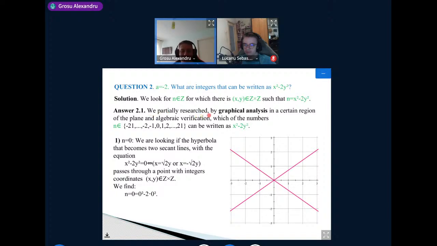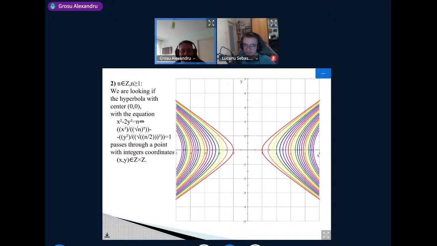We partially research by graphical analysis in a certain region and algebraic verification which of the numbers n from minus 21 to 21 can be written as x square minus 2y square. So we have also the same case if n equals 0, and we have this hyperbola for the second case when n is an integer greater than or equal to 1.